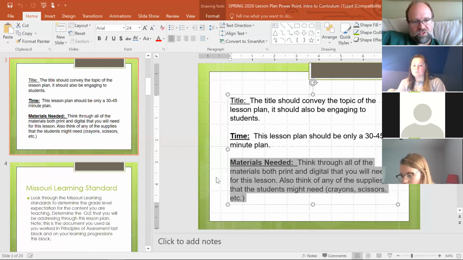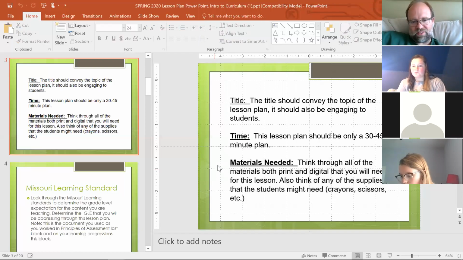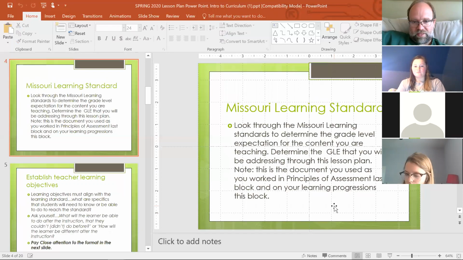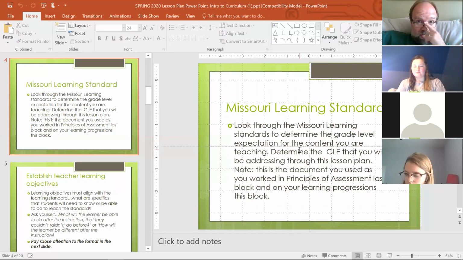Then you can secure those things before you even do it. You don't even have to worry about it. You already just know. So that's advice that I would give you on that. And again, for our purposes in here, we're going to make you do those things with the understanding that when you get into your classroom, that's not going to happen every day.